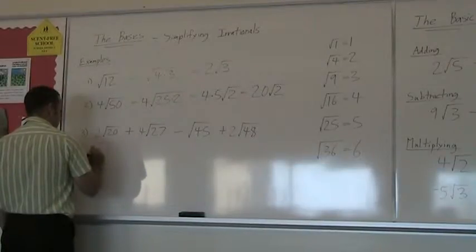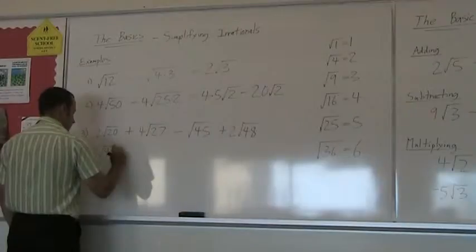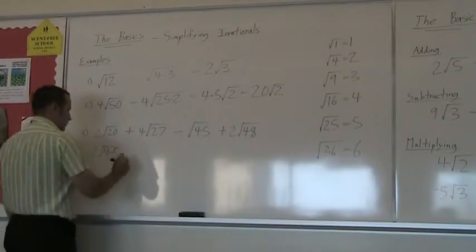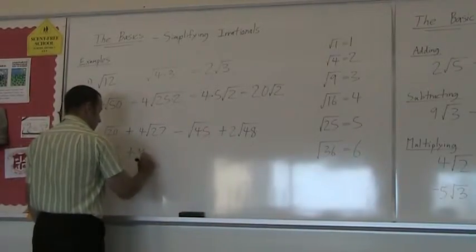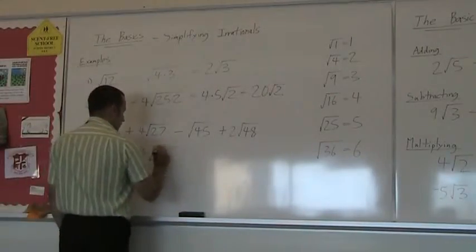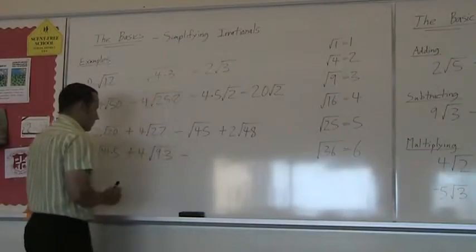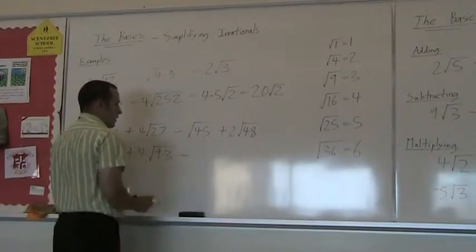So 2 square root of 20 becomes 2, and I can make this a 4 times 5. For square root of 27, I can use 9 times 3. Here, square root of 45.